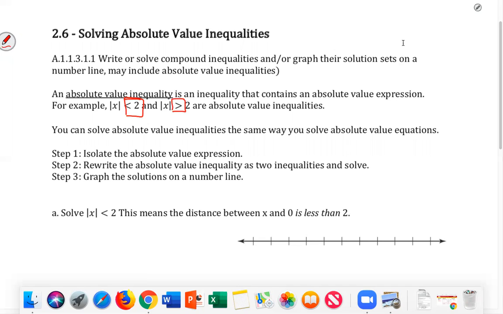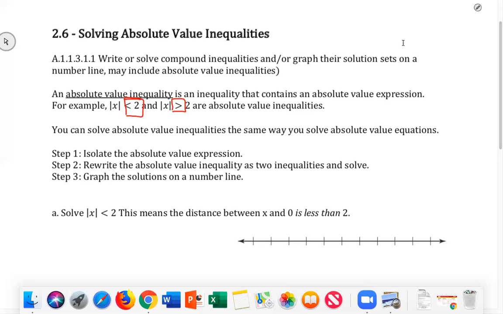Notice it's the same thing here. This one says the absolute value of x is less than 2, and this one says the absolute value of x is greater than 2. So what makes one an and inequality and what makes one an or? Well, when the absolute value is less than, that's going to be an and inequality. And when the absolute value is greater than, that's going to be an or inequality.